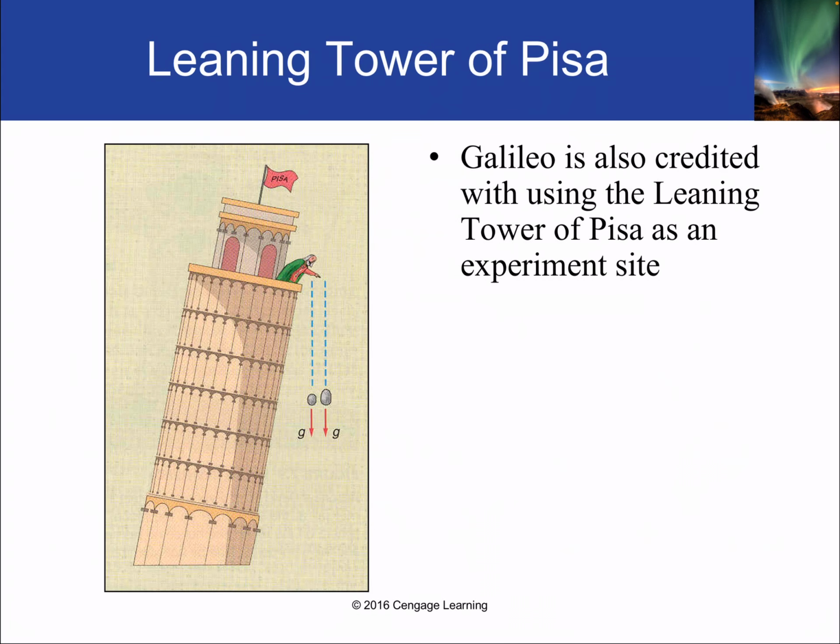We can look at the Leaning Tower of Pisa, and Galileo did the same experiment where he took rocks and he dropped them, and the rocks were of different mass. But he said if we took out the air resistance, then they would both be falling at the same rate. Okay, so this is going to end Chapter 2, Part 4.